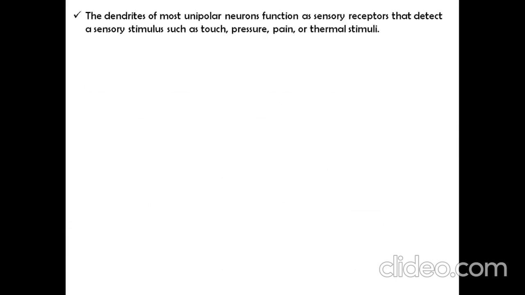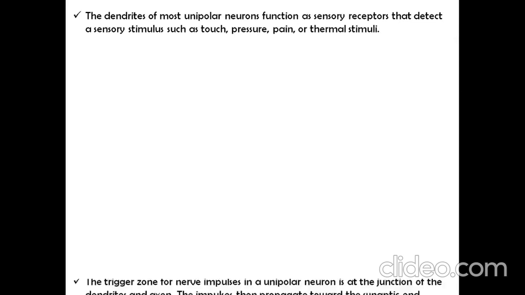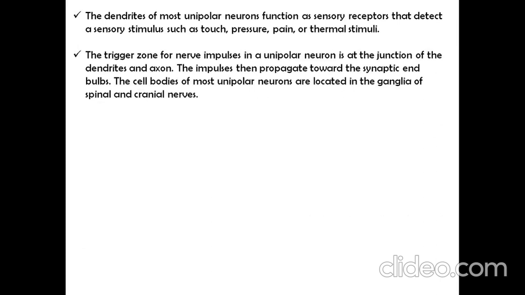The dendrites of most unipolar neurons function as sensory receptors that detect sensory stimuli such as touch, pressure, pain or thermal stimuli. The trigger zone for nerve impulses in a unipolar neuron is at the junction of the dendrites and the axon.